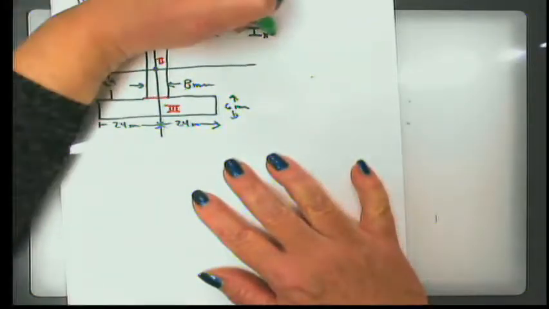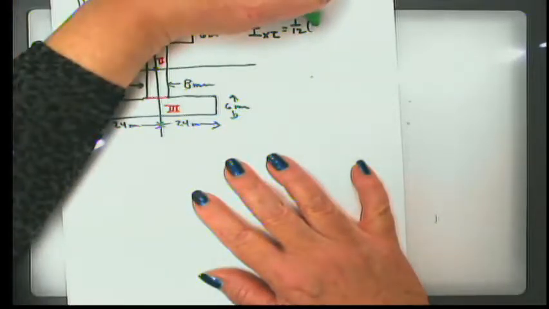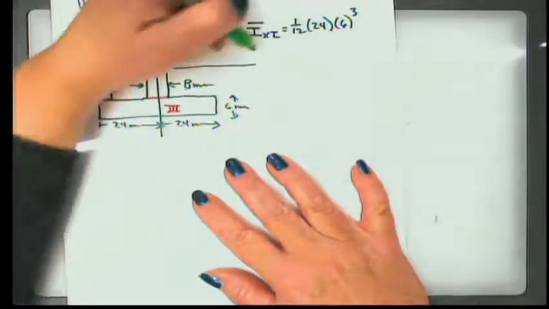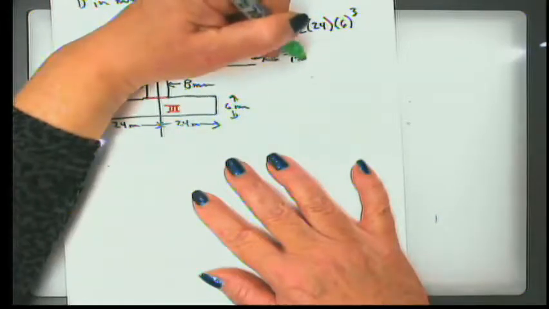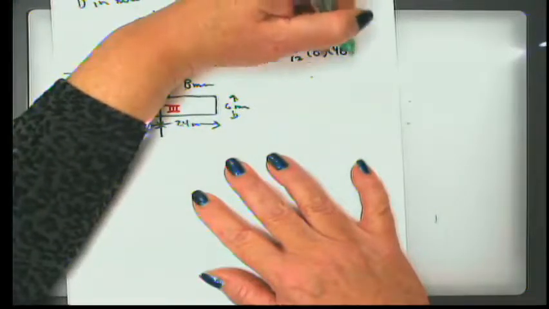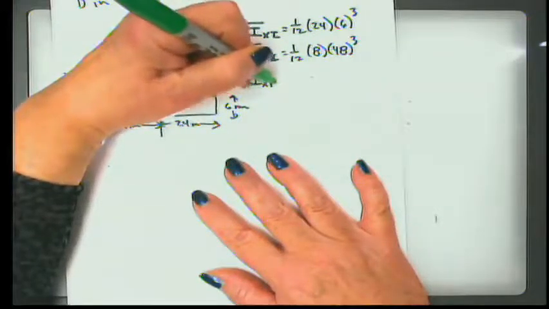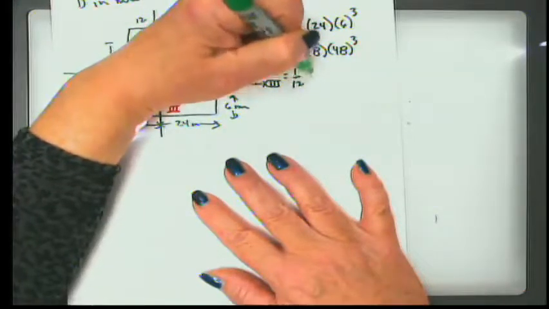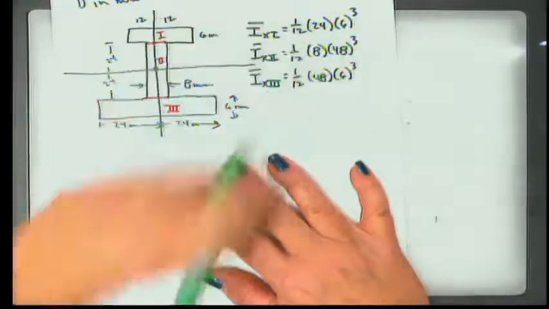So I sub x of 1 is going to be 1/12 times the base, which is 24 millimeters, times the height to the third power. I sub x2 is equal to 1/12 times the base times the height to the third power. And I sub x3, about its centroid, is 1/12 times the base times the height to the third power.